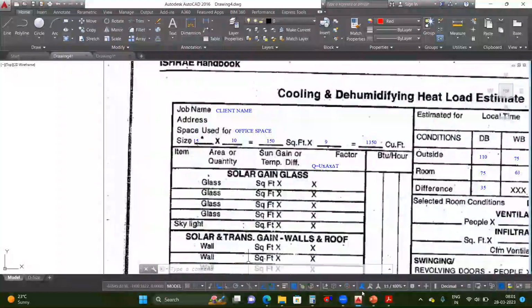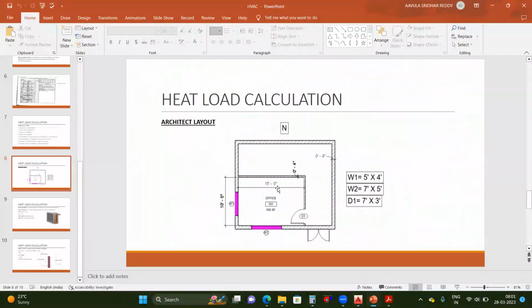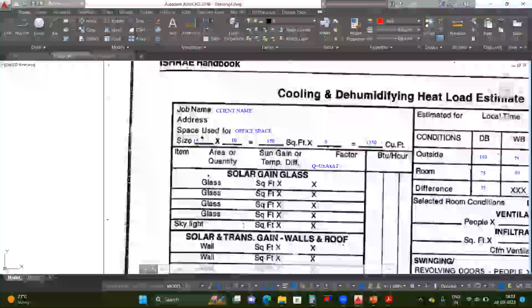In our example, we have glass in the south and glass in the west. Don't get confused. If you're not understanding anything, you can stop me and ask me. So I will write heat here first.